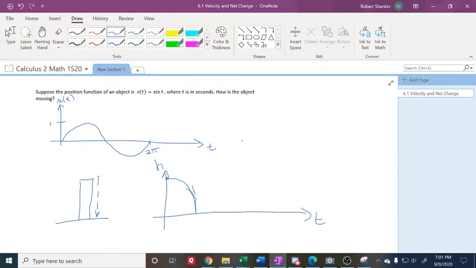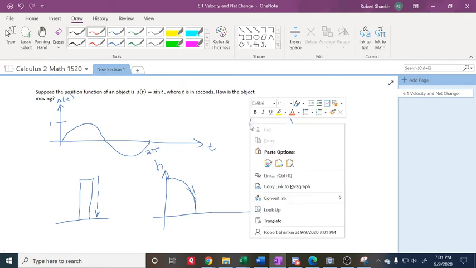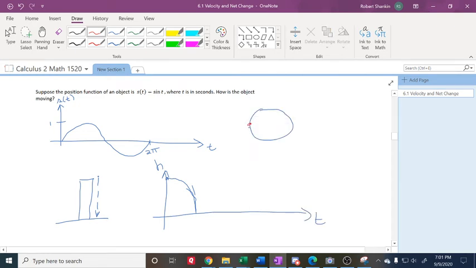This could be measuring the height of a dot painted on a wheel. Suppose you had a wheel and you put a dot right here at a height of 0. And then as this wheel rotates, it goes up and then back down to here, and it cycles through all these different heights.